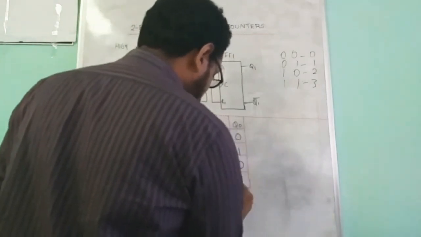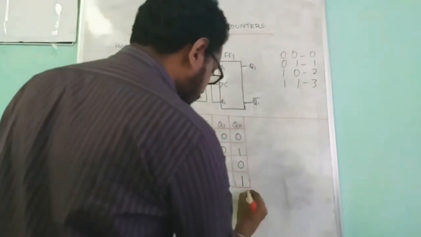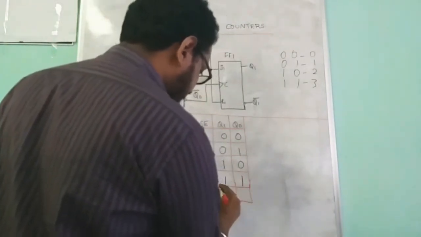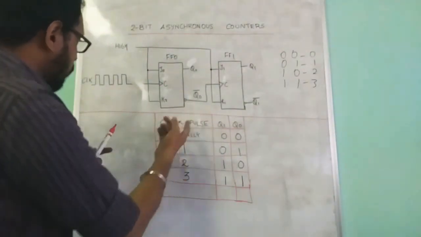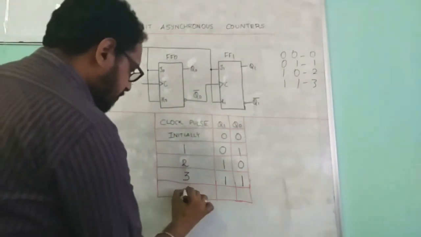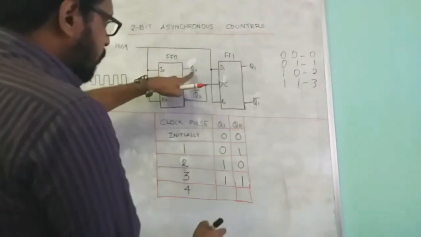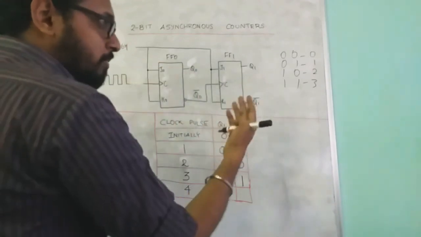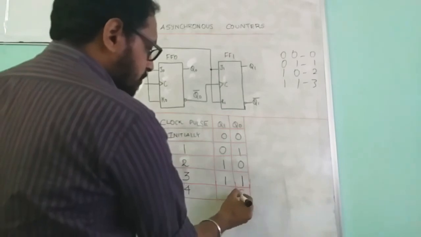So it's already almost clear that we have 0 0, 0 1, 1 0 and 1 1. We go for the next case. That is, we have the fourth clock pulse. What is the value of Q0? During the fourth clock pulse, it's positive, so Q0 becomes 0.